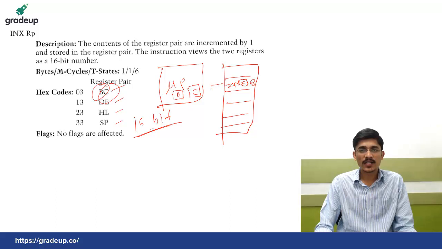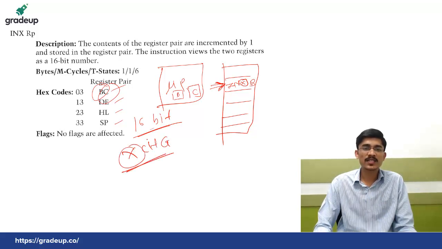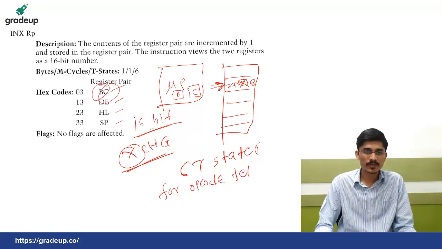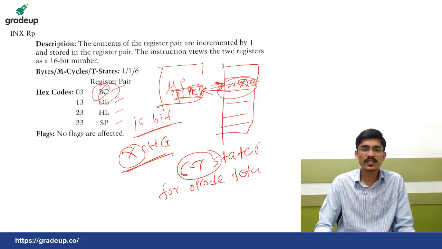Most of the instructions, except one which is XCHG, wherever you find the X, require 6 T states for the opcode fetch only, because while fetching the opcode, it will also combine the registers and increment by 1. This requires a little bit of time, so combined it requires 6 T states.